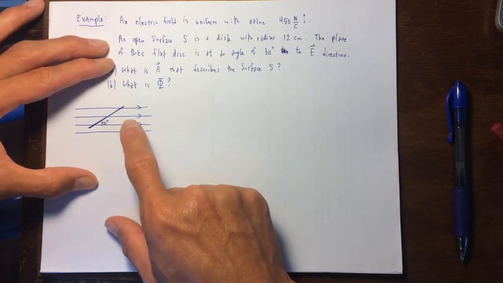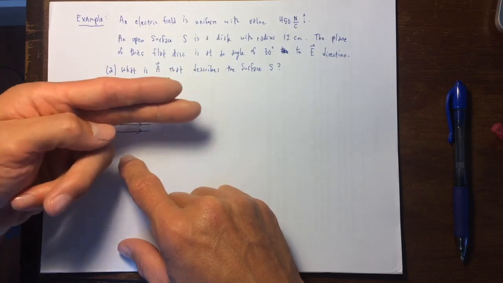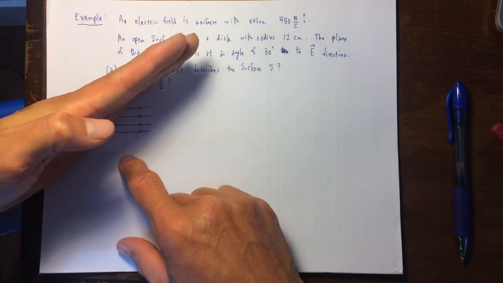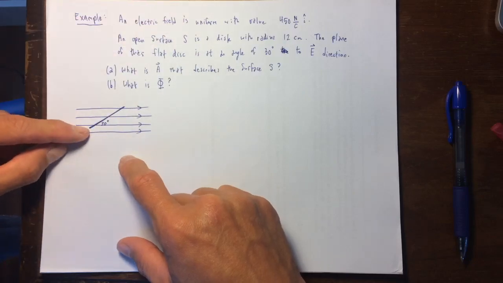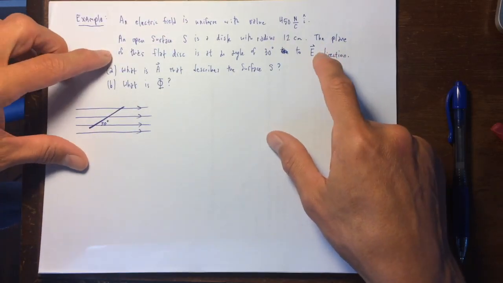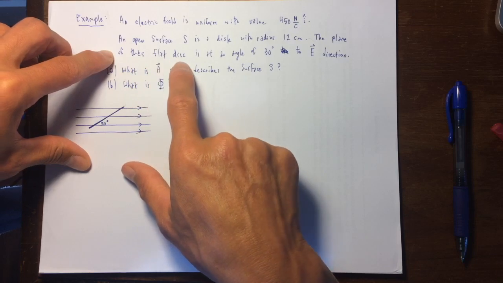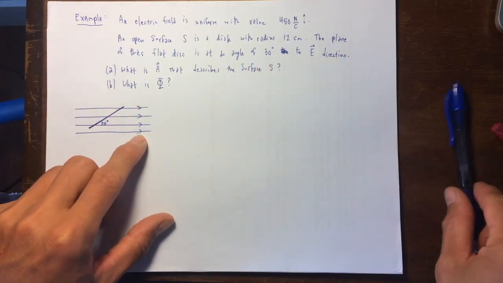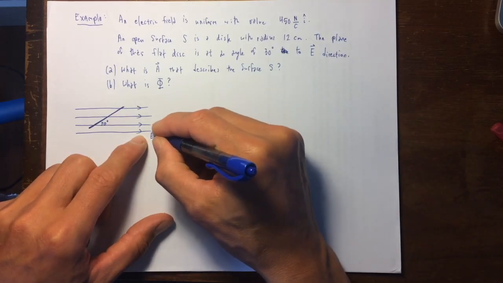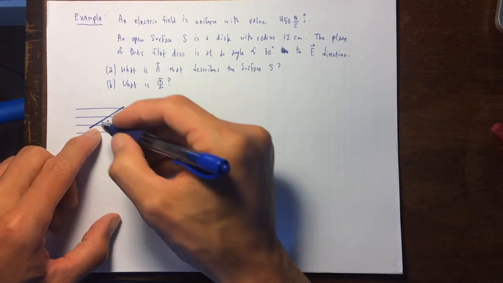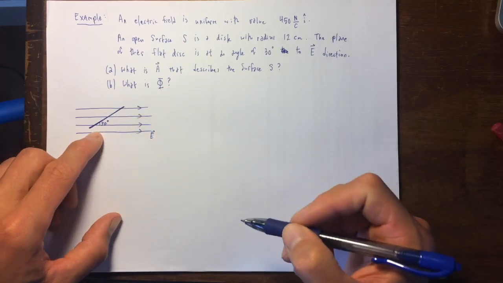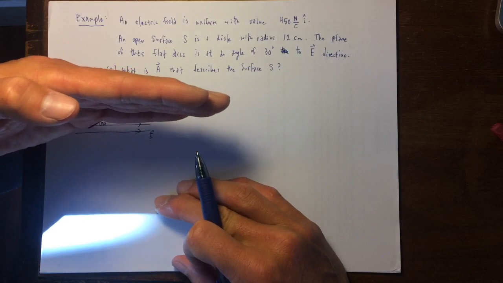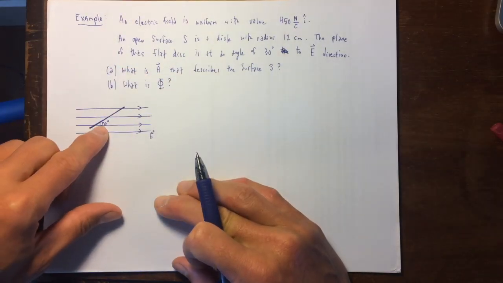I'm drawing this from the side. The field is going towards the right, and you're seeing the disk edge on. The plane of the flat disk is at an angle of 30 degrees to the electric field's direction. So these are the field lines of the electric field, and I'm indicating that there is an angle of 30 degrees between the plane of the disk and the field's direction.